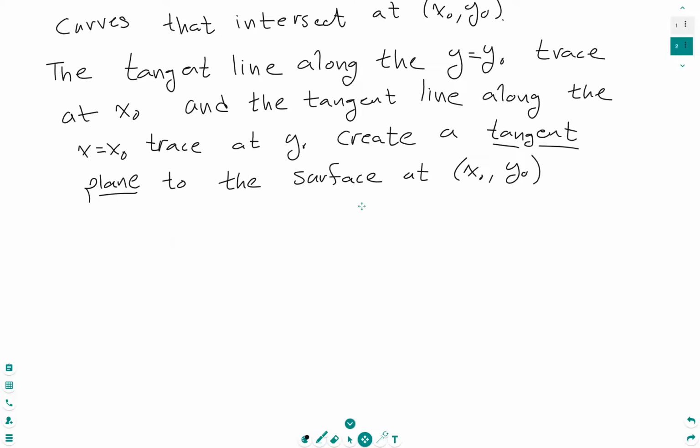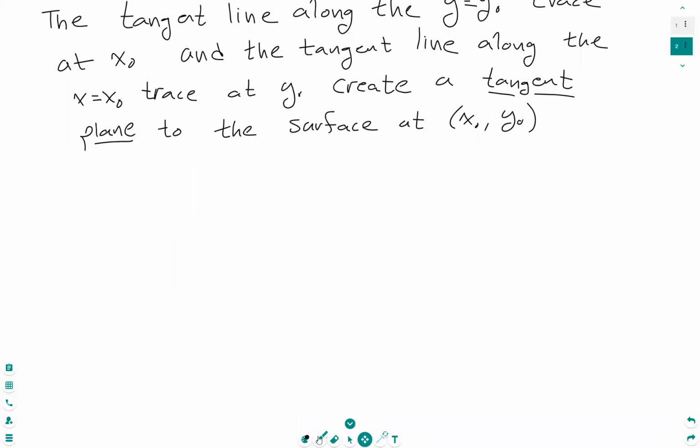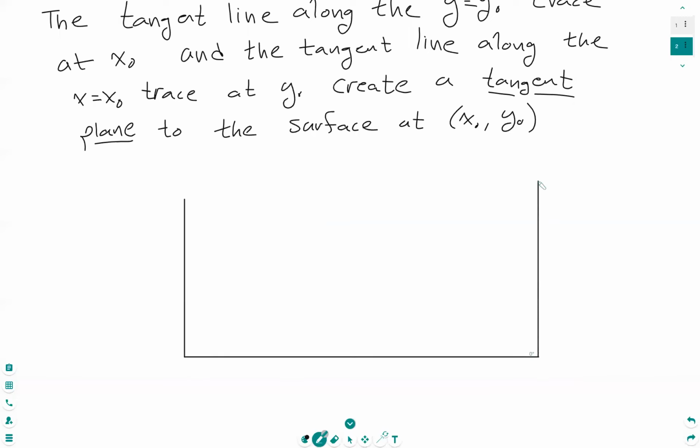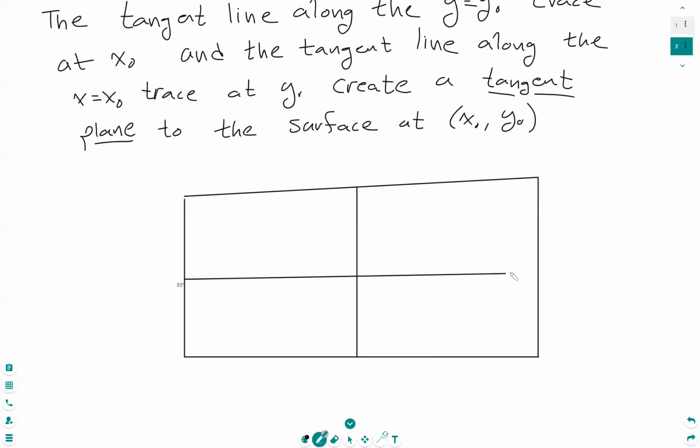So let's quickly sketch what this is saying. Maybe again, we're looking down at our surface. We can't really see the elevation of it, but we just want to see direction here. I'm taking a trace in both the x and the y direction.